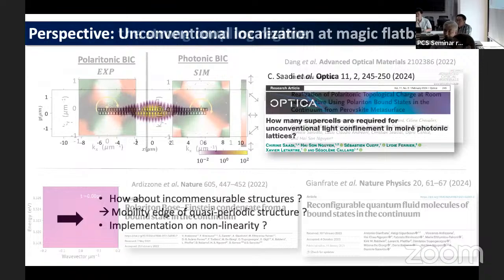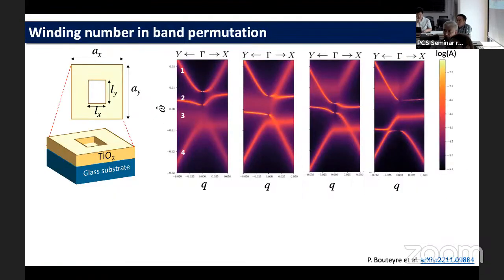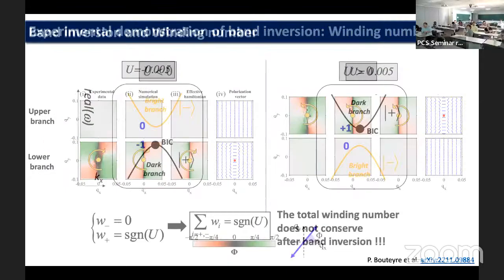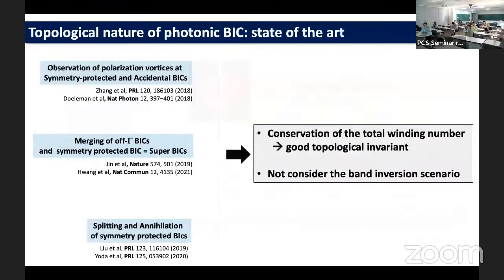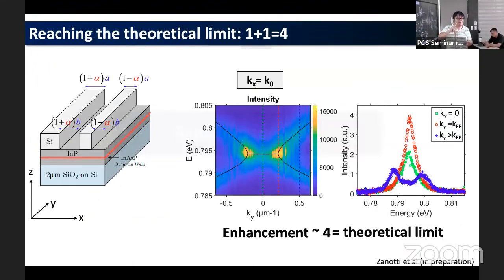I think I turned this off because we have another work, not with exceptional points but with flat bands or other structures, where we map the variation of the LDOS coming from the theory and the variation of the LDOS coming from the experiment, and we can really see the one-to-one correspondence.